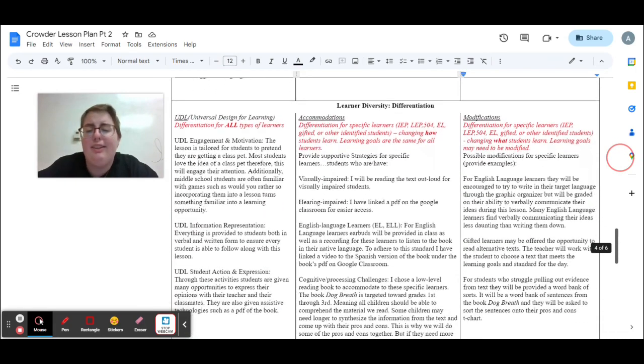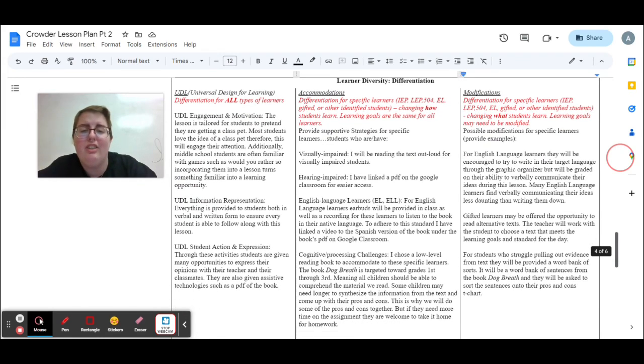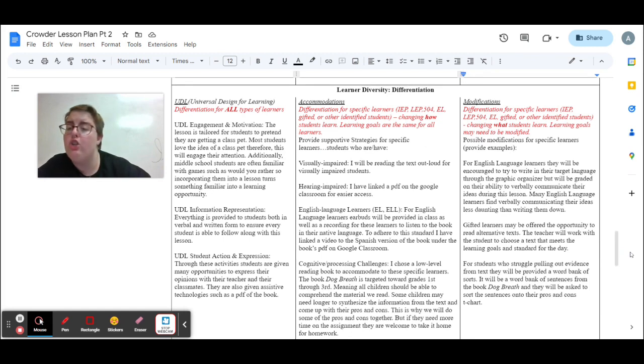Then the next thing we will look at is our learner diversity differentiation. We have our UDL. There are three overarching categories to UDL: engagement and motivation, information and representation, and student action and expression.